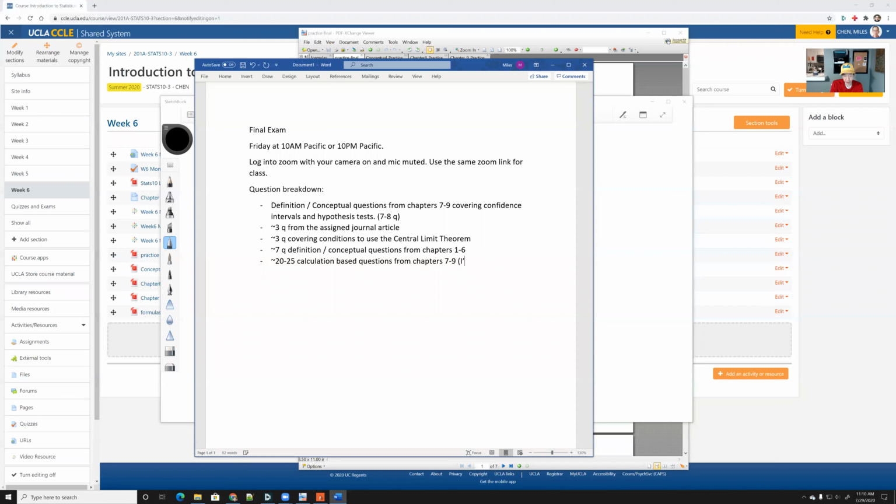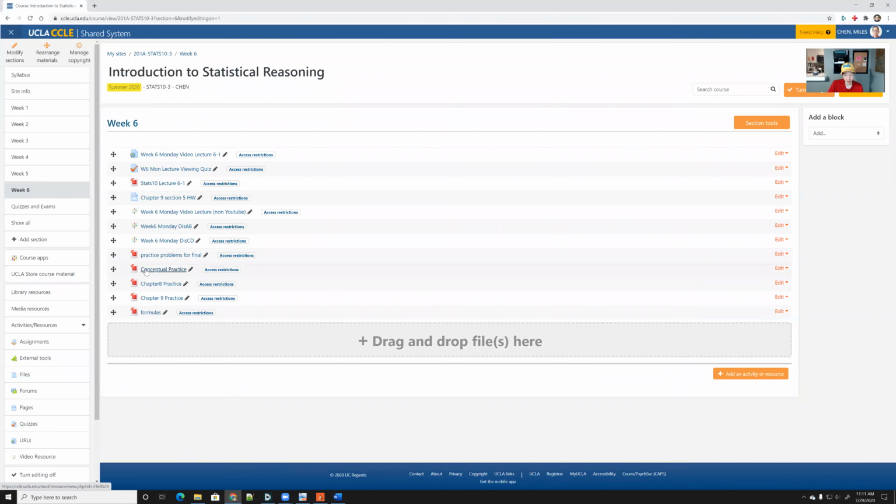I've provided lots of practice problems. So about half of the test will be calculation-based questions, and the other half will be more definition and conceptual. I've given a small handful of conceptual questions for practice.